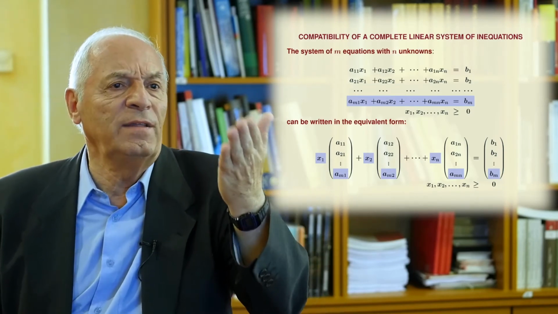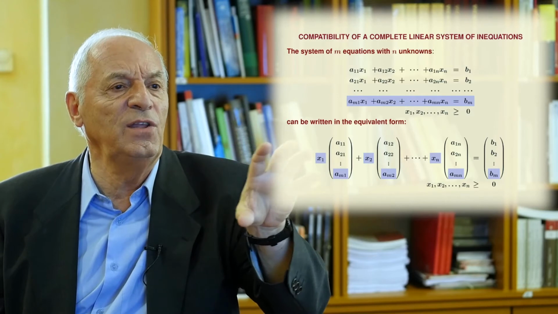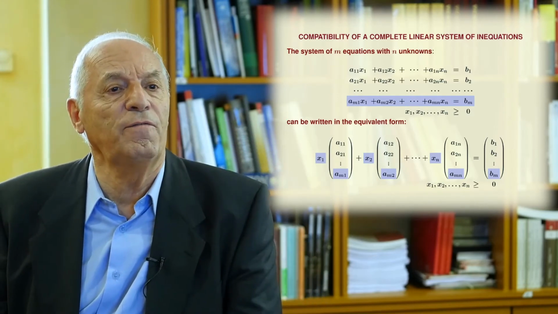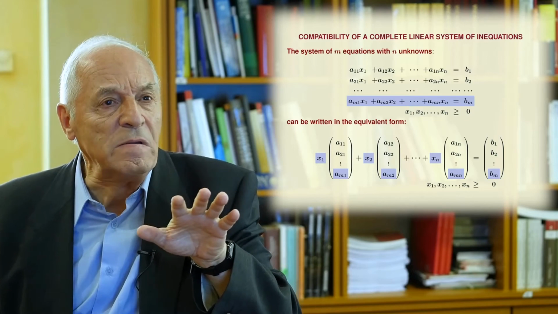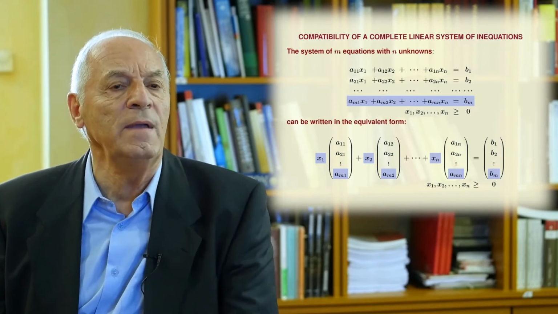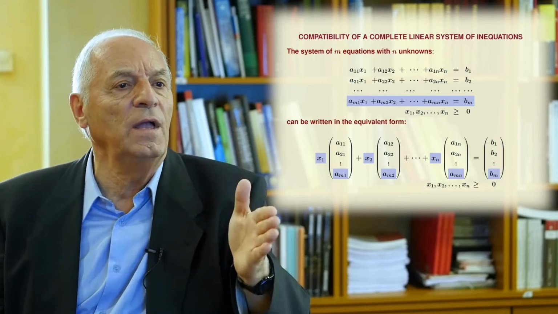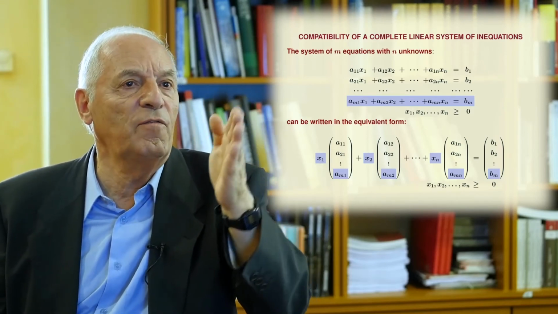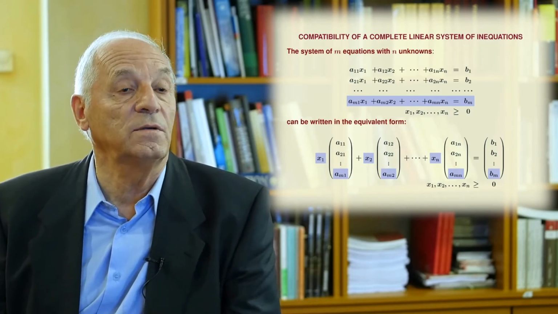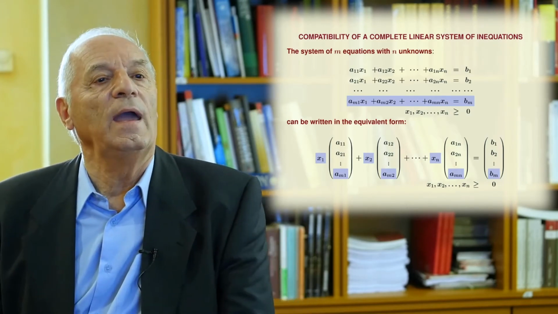And then we write the system of equations in the other form. The system above is exactly the same as below, but the system below tells you that the column vector b1, b2, bm is a linear combination of the column vectors obtained from the linear system of equations, in this case equations.